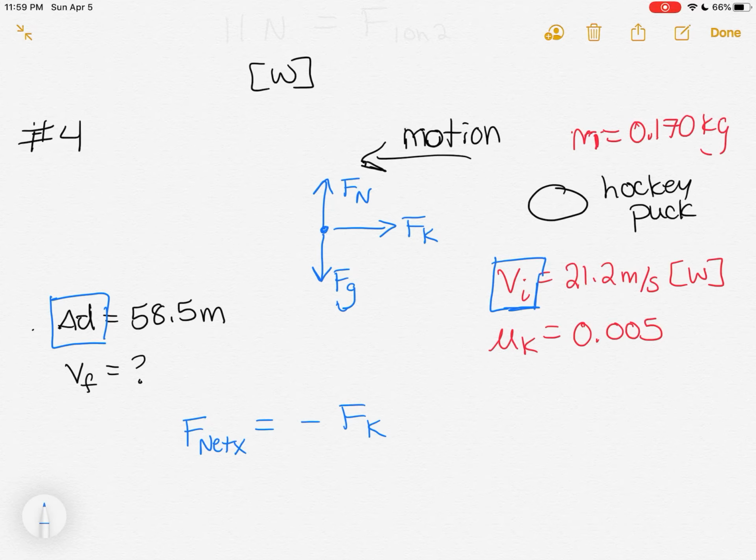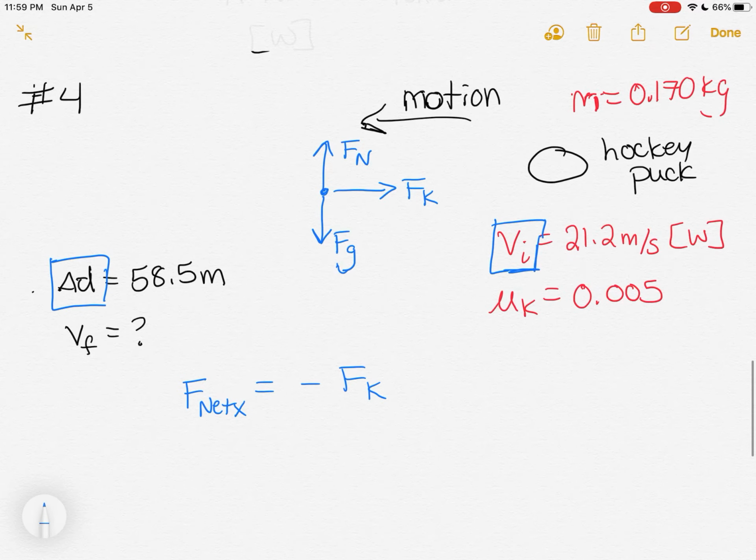And so the easiest thing for us to find is going to be the acceleration, because we can use forces to find the acceleration of our puck. Now, we should be thinking about the fact that the acceleration should be negative because the puck should be slowing down when it's sliding across the ice. So our F net x is going to be our negative Fk.